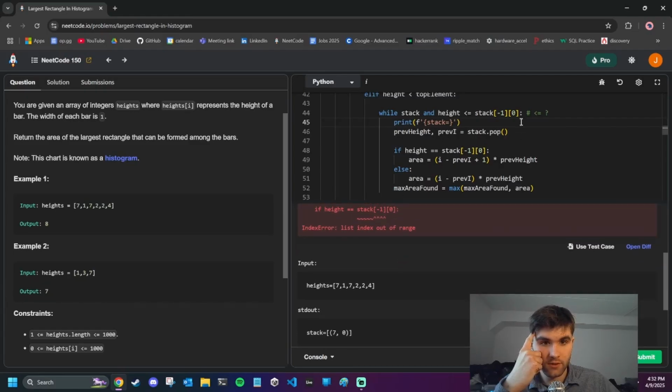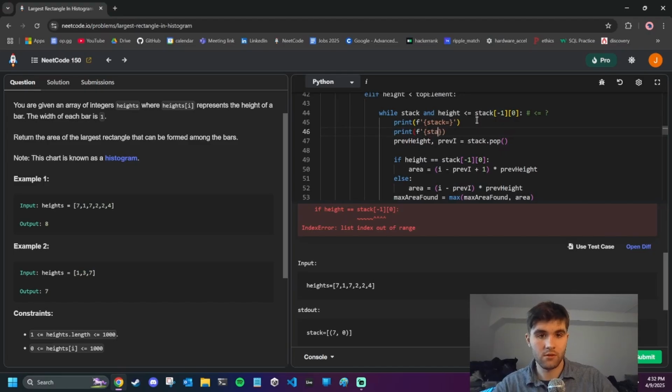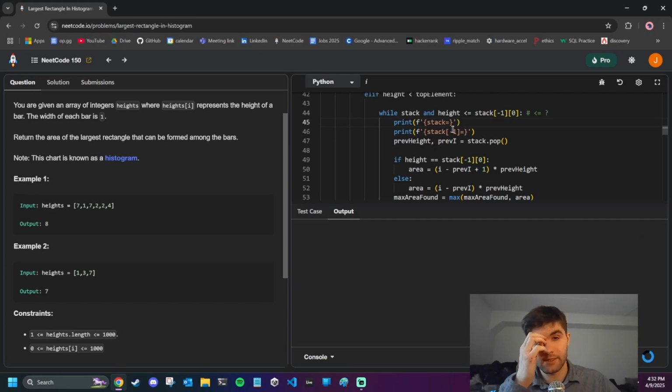Stack of -1 should give me the last element in the stack, I believe. So I'm not quite sure why it's not doing that. I just want the last element of the stack.